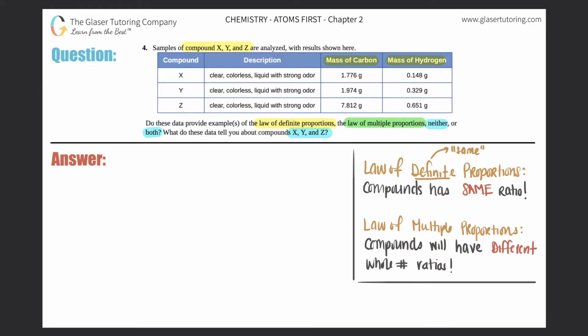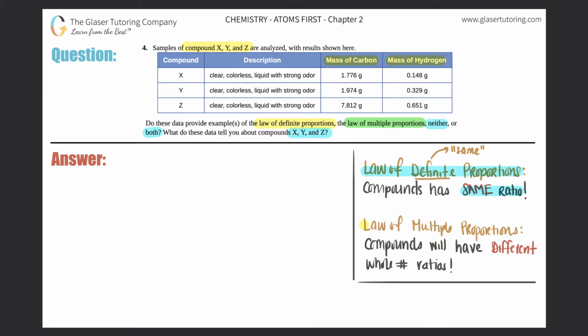So the law of definite proportions just means that the compounds that you make from data will have the same ratio. So definite, same ratio. And when we talk about the law of definite proportions or multiple proportions, it will come down to compounds, not single elements. There always has to be a compound.